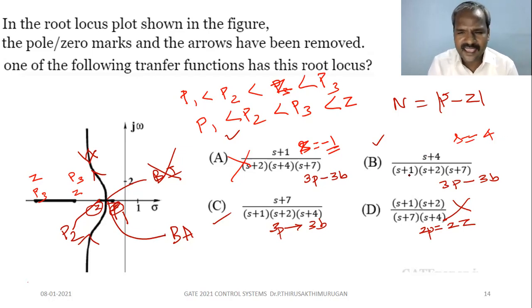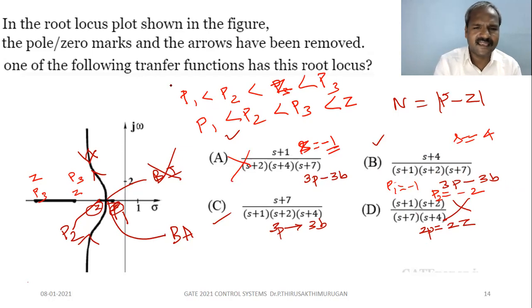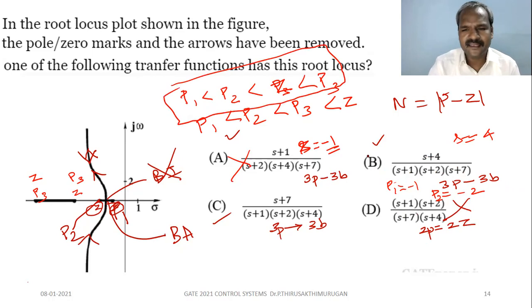See here, P1 is -1, P2 is -2, and P3 is -7. So in the first case, answer B is correct.